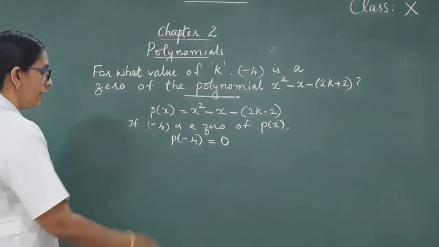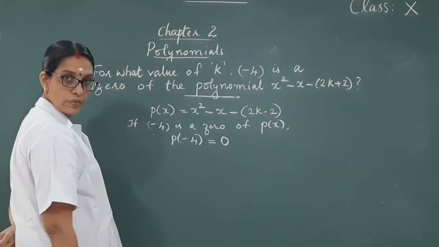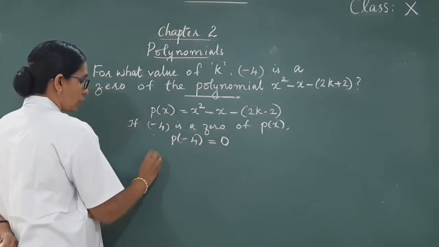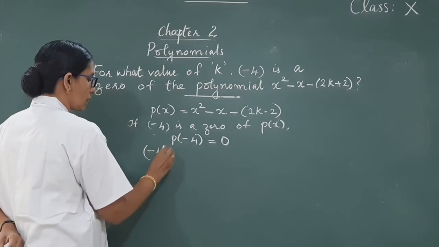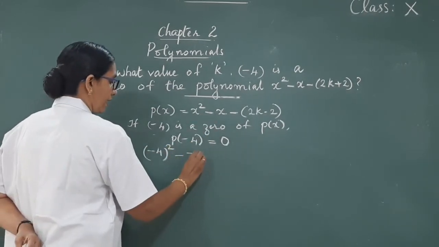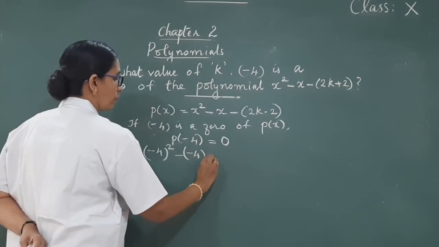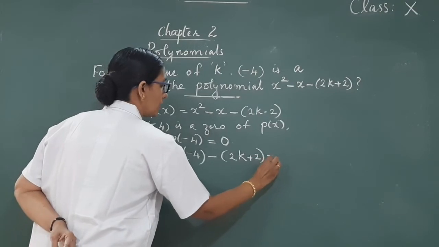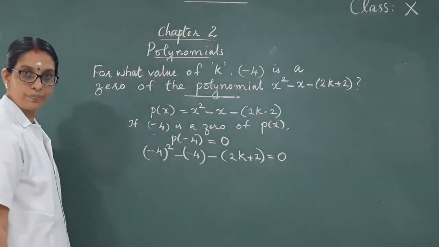Isn't it? Now what is P of minus 4? We have to put the value of x as minus 4. So minus 4 the whole square minus, again minus 4, minus 2k plus 2 equal to 0.